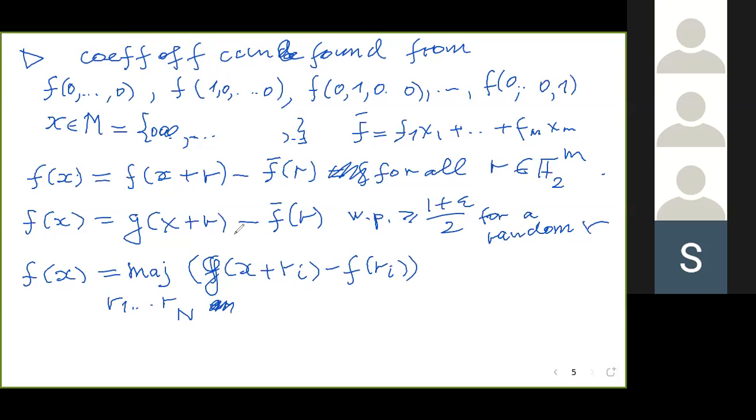So what is majority vote? We know that this equality holds for a little bit more than 1/2 of random r's.